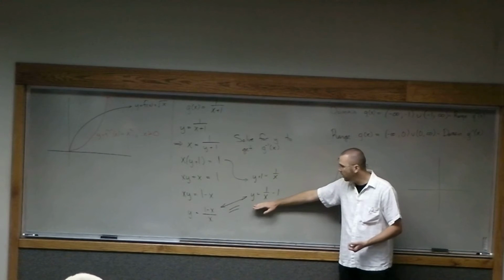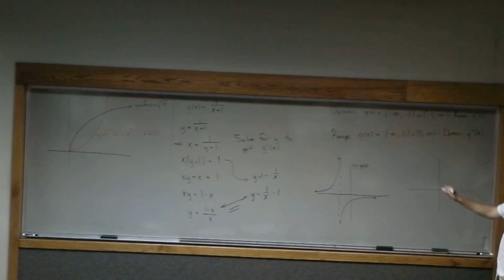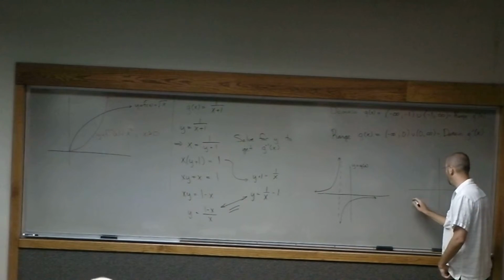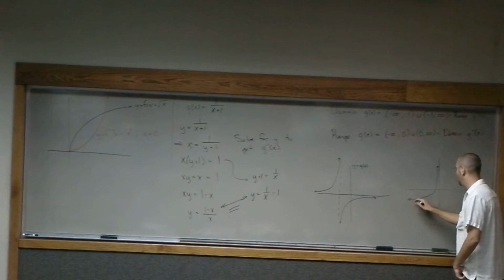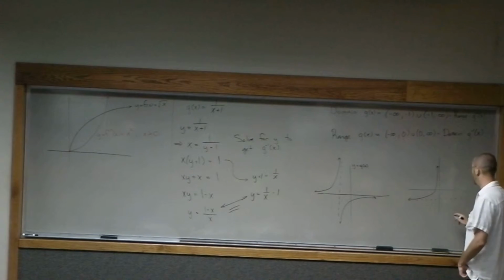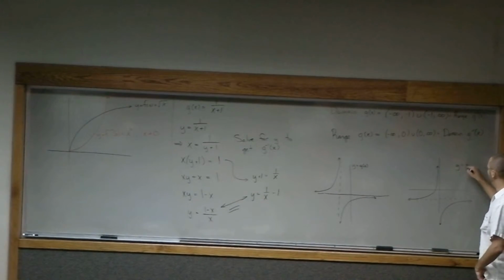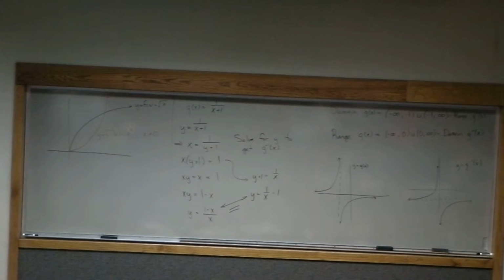If I look at it that way, I should be able to identify what that graph looks like. 1 over x shifted down 1 unit should be something like this. There. This is the y of g inverse of x. Okay? That's what that graph looks like.